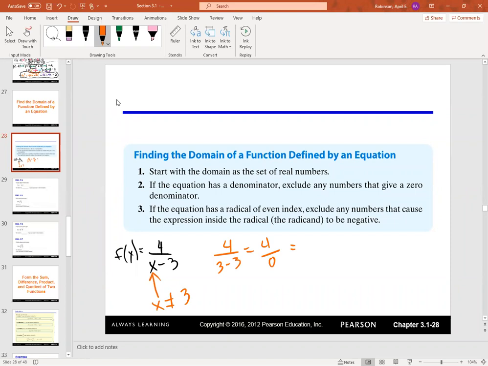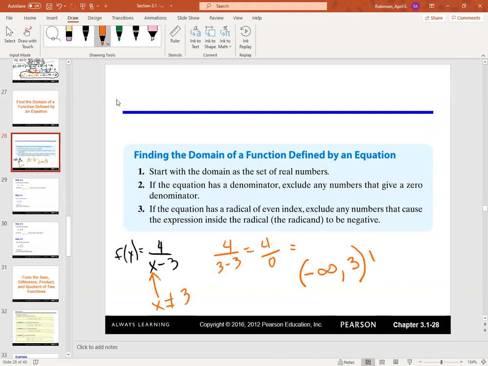You cannot divide by 0. And since they want this in interval notation, you would say, okay, we're starting at negative infinity. We're going to come up to the 3, but not include the 3. So you use a parenthesis. That means you're getting up to 2.9999999, but you never get to 3.